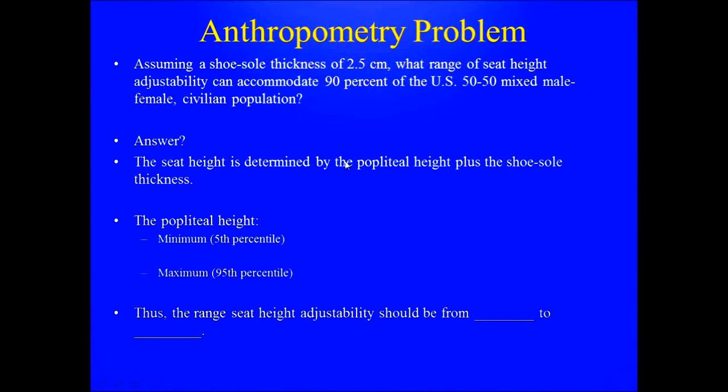So you can do all your equations independent of this, but always remember at the end to add at least 1 inch or 2.5 centimeters, to give you the information that you need for the minimum percentile and the maximum percentile, and so you have your range of height adjustability. I'd like you to do these calculations to give me the answer from the minimum to the maximum. Don't forget to add in the shoe height.